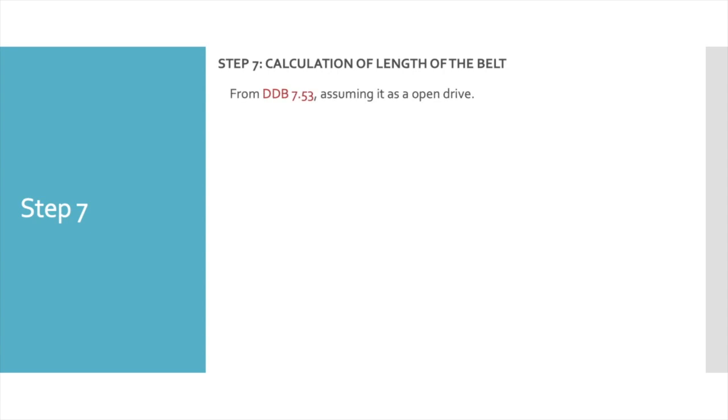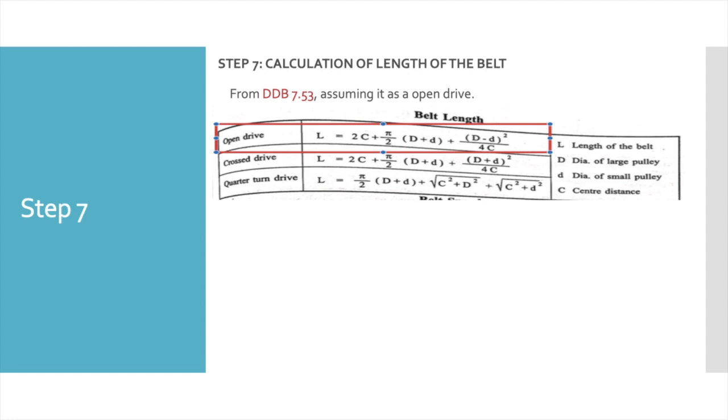The next assumption we are making in the whole design procedure is to assume it is an open drive. In design data book 7.53 you can see this table named belt length, which has 3 formulas, and we are assuming our belt drive is an open drive. So we are taking the first formula.